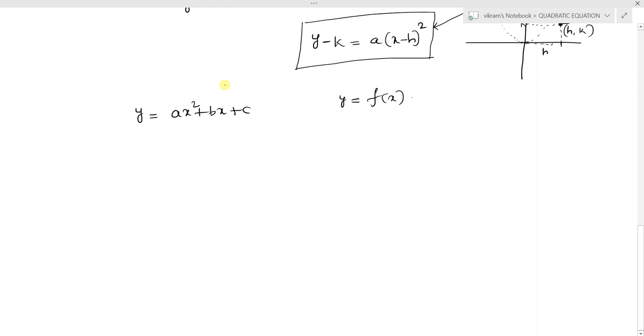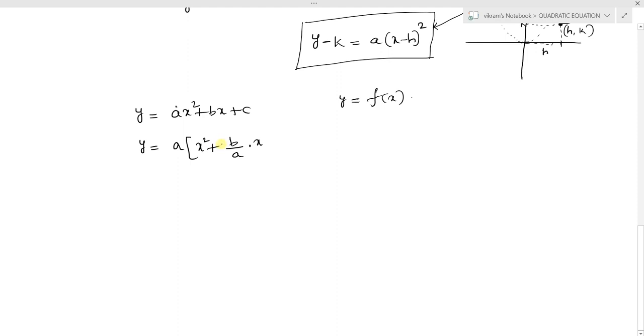We have previously seen that y equals, if we take a common, a times x square plus b by a times x. Please watch the previous video on the sign of quadratic expressions.